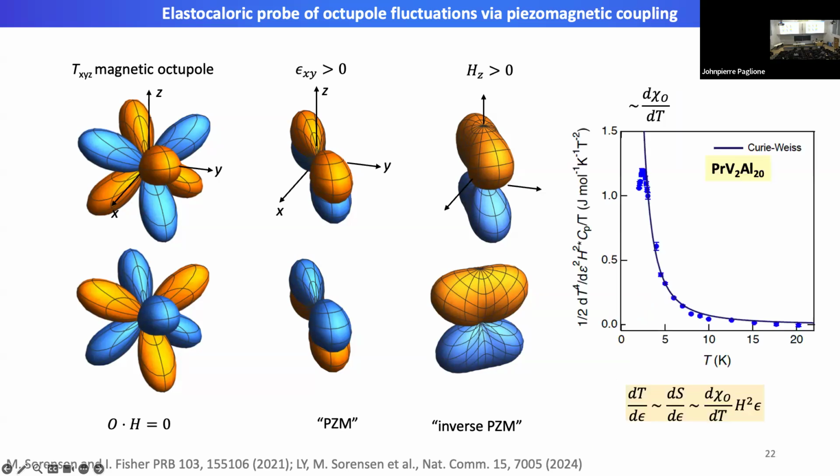So with this, we're actually able to see a susceptibility-like response from our elastocaloric measurement, where this susceptibility is extracted by extracting the coefficient of the elastocaloric effect as a function of magnetic field and strain.